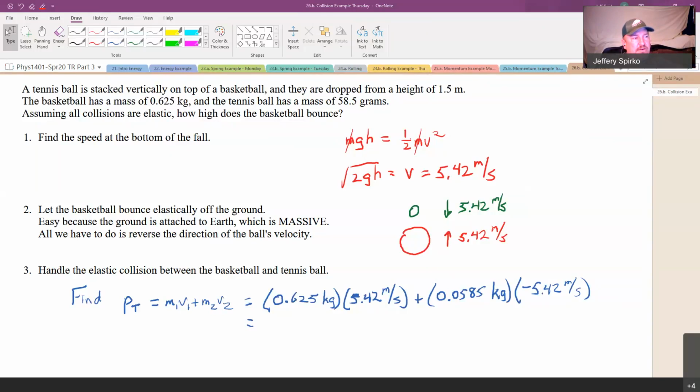So P total initial is m1 times v1 plus m2 times v2. And I'll just write it down with 3 significant figures, but I have all the significant figures in my calculator. 3.07 kilogram meters per second.